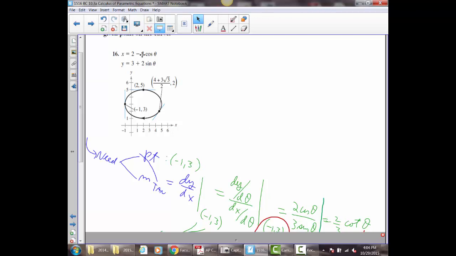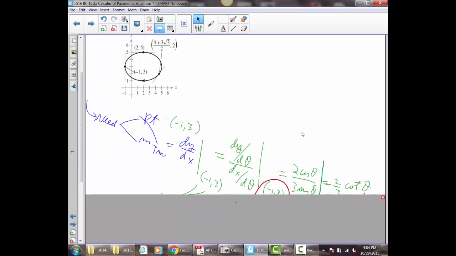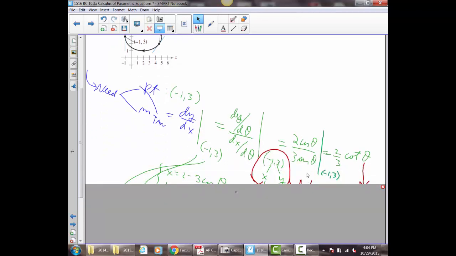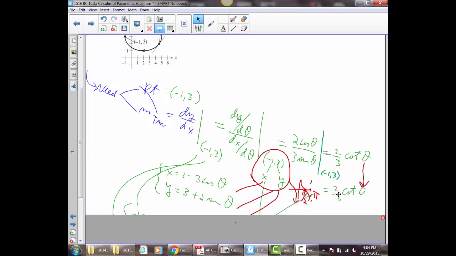The derivative of 2 minus 3 cos theta is 0 minus -3 cos theta, which will be positive 3 cos theta. So we end up with 2/3 cos over sine, better known as cotangent.